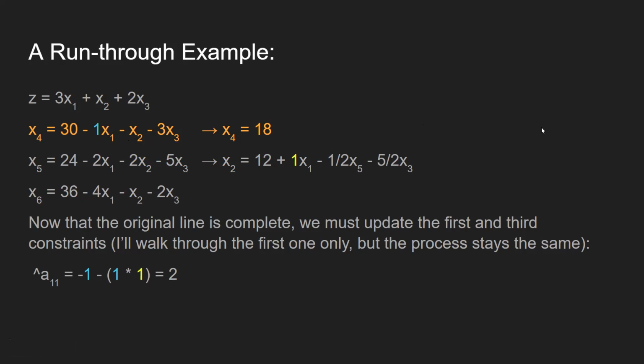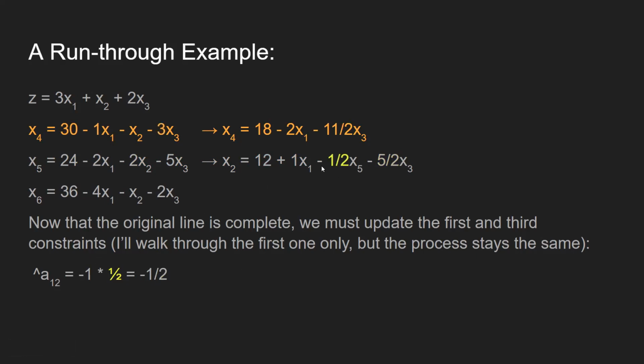I typoed there. And then for this one, we're working on the coefficient for the third variable in this line. So we'll take the 3 and we'll subtract 1 times the 5/2 that we have here. And we'll get 11/12 minus.